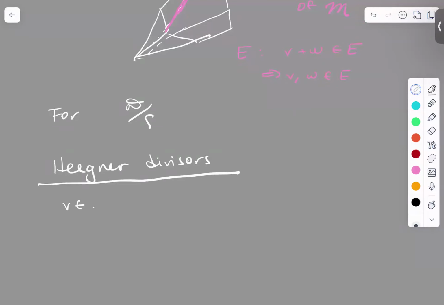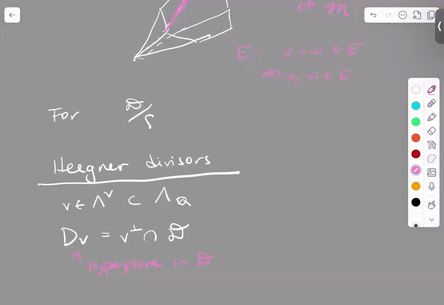If I take a vector inside the dual of my lattice, so this is inside the tensor of my lattice with Q, I have an associated hyperplane inside of this symmetric space D associated to my lattice, given by just taking the perpendicular of this given vector.